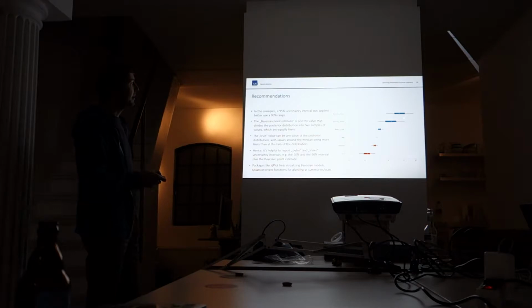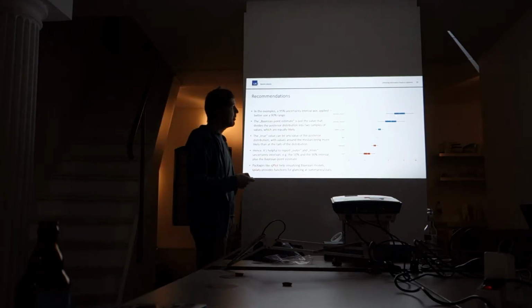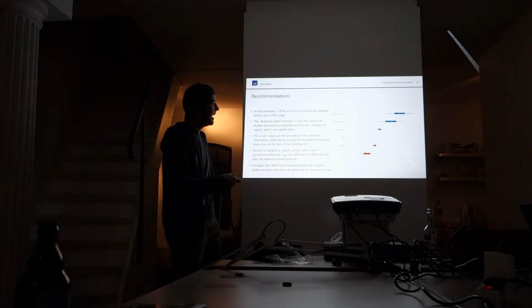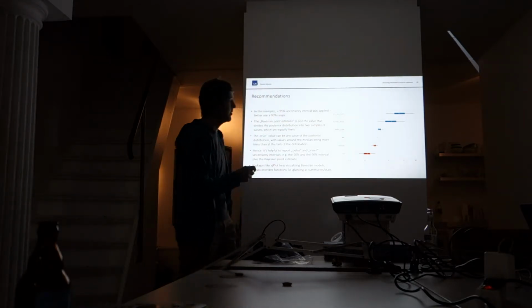What you have here is the 50% and 90% interval. So when you fit a Bayesian model, you can say with a probability of 50%, the true value, the association between severe dementia and fall incidence, lies within a ratio of about 3 to 6.